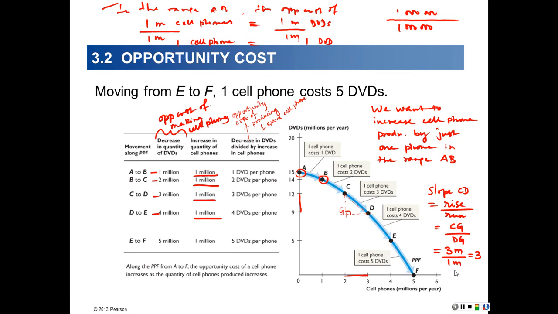So if I were to give you a hypothetical BPF like this, and I give you 2 points on it, let me call these 2 points M and N, and I'd like you to find the opportunity cost of producing one more good that's being measured along the x-axis.